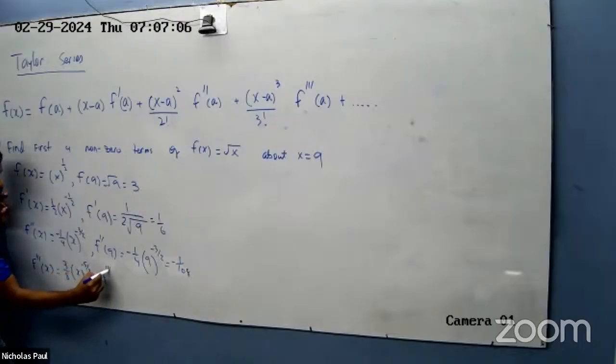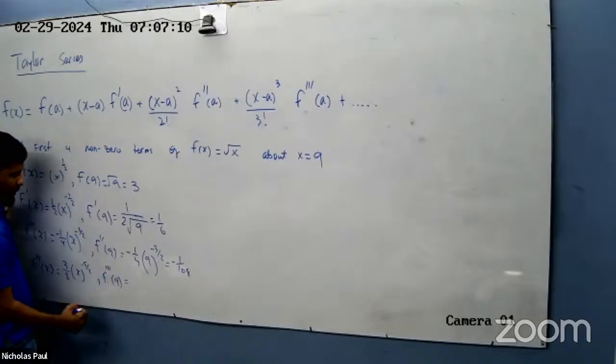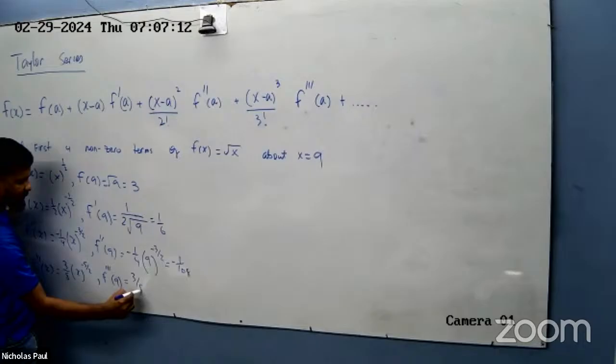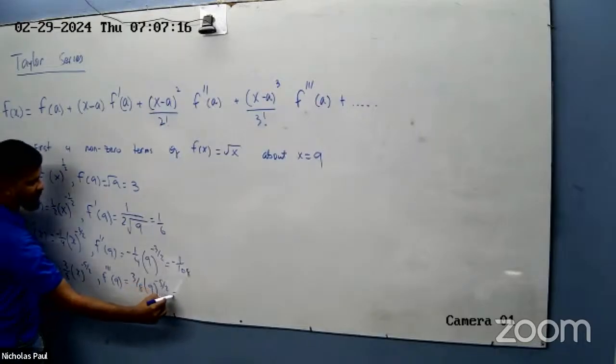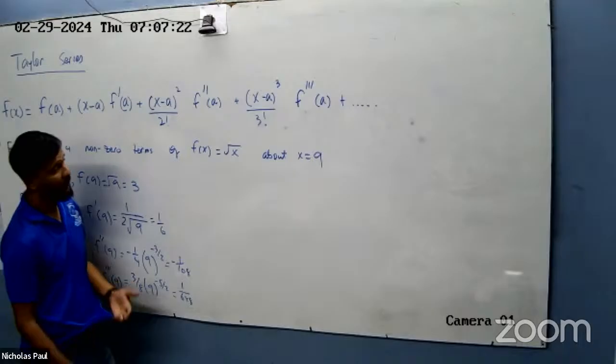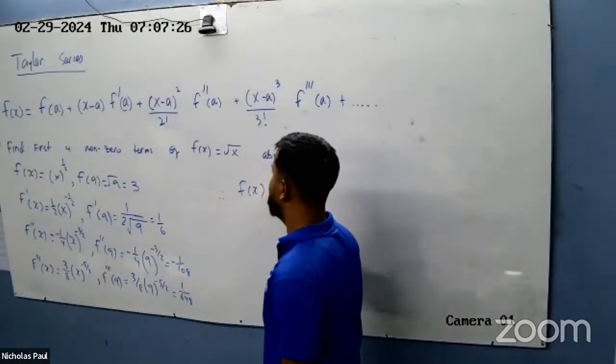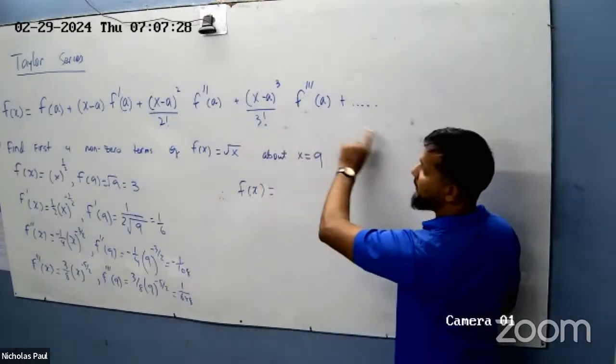Then you have triple prime 9. That will be 3/8 by 9 to the minus 5 on 2, which is how much? 648. All right. Nice.